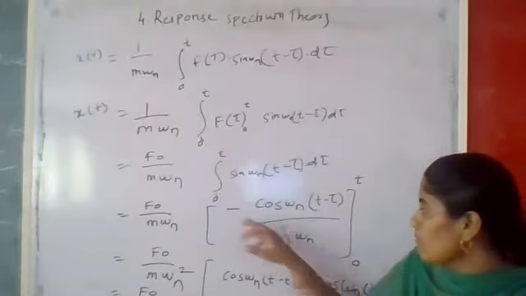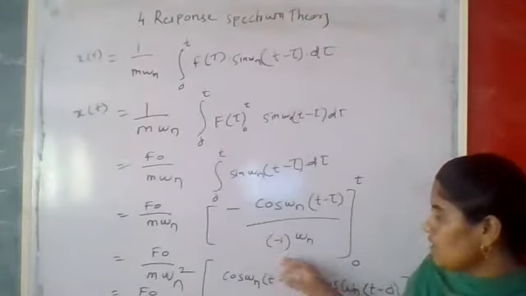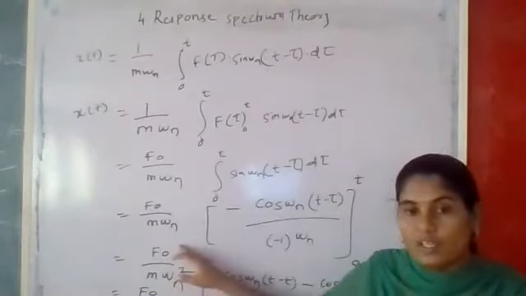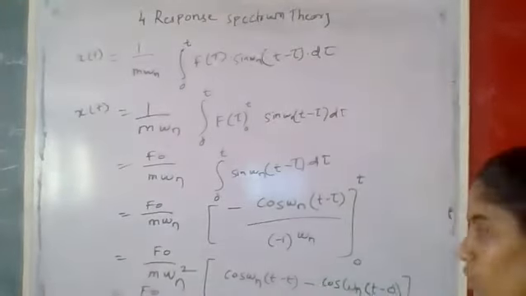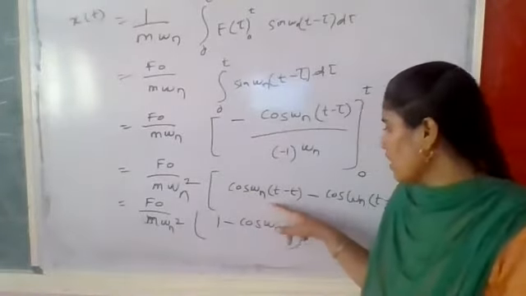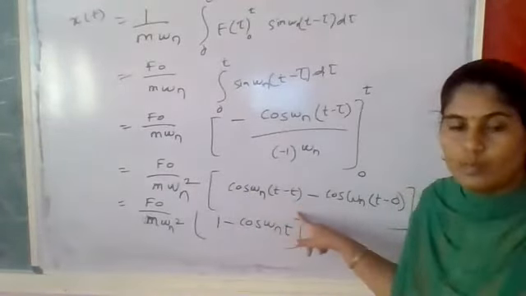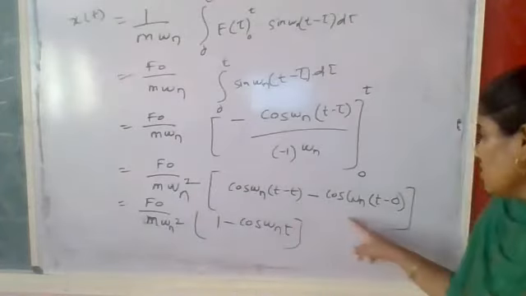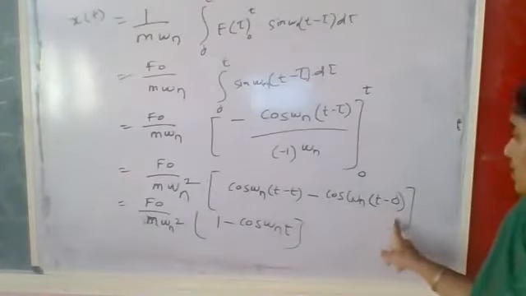So that minus sign gets cancelled, and if we take this omega n outside, what will be here? f naught upon m omega n square into the bracket cos of omega n (t minus tau). T minus tau means t minus t, which becomes 0, and minus cos of omega n into (t minus 0).